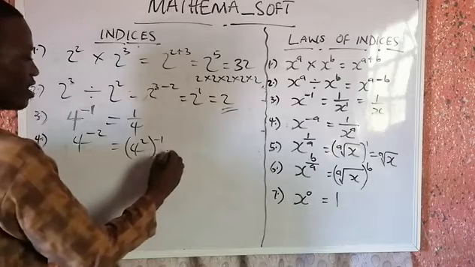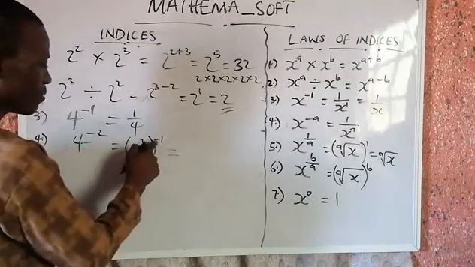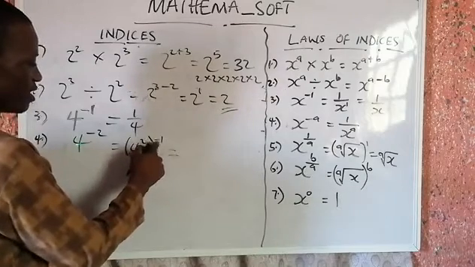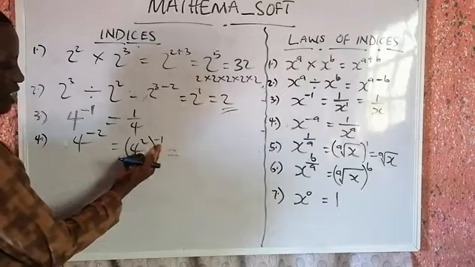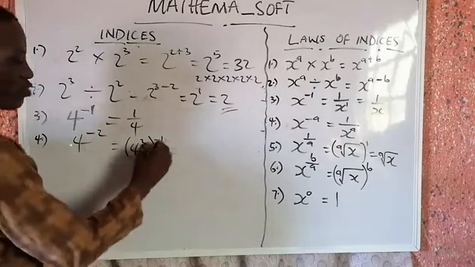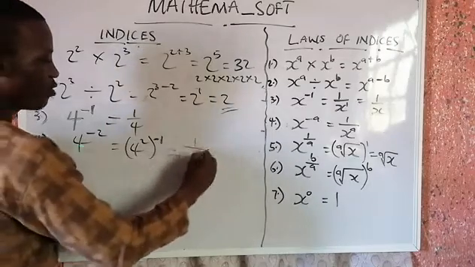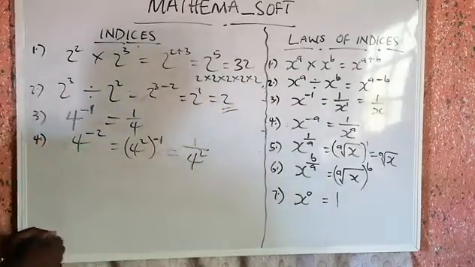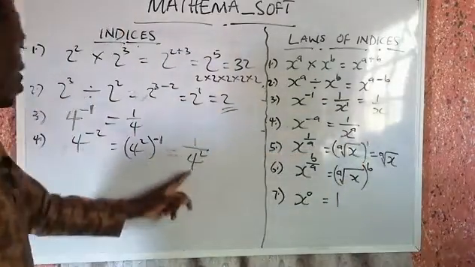So this will definitely become a reciprocal. Minus 1 now means 4 squared raised to the power minus 1. So I'm saying reciprocal of 4 raised to the power 2, or inverse of 4 raised to the power 2. So this minus 1 that has come out will now become 1 over 4 raised to the power 2, which is what we have here.